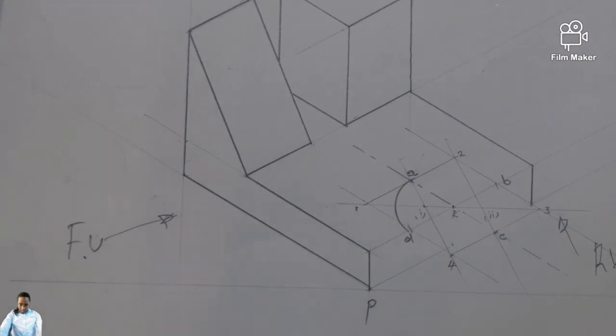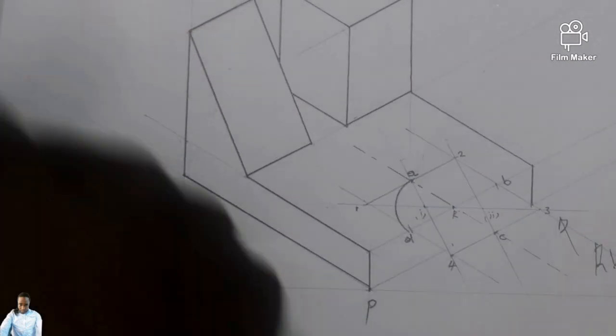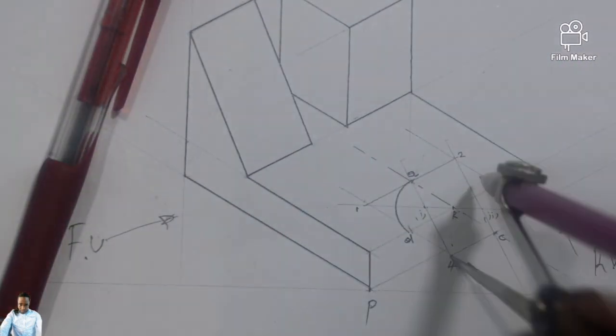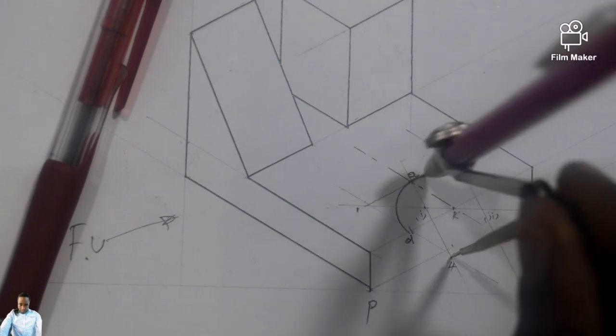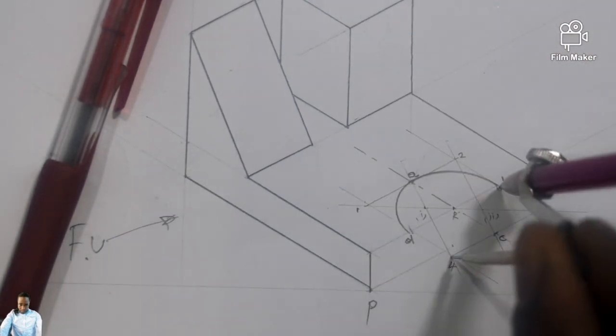You understand? So now to get this other side, I have to use point 4 with A and B. So A to B. So now there you go, dark. So this one is correct.